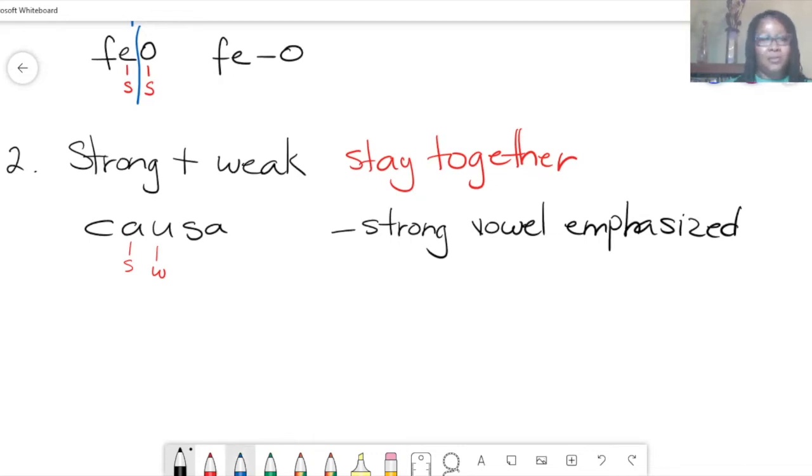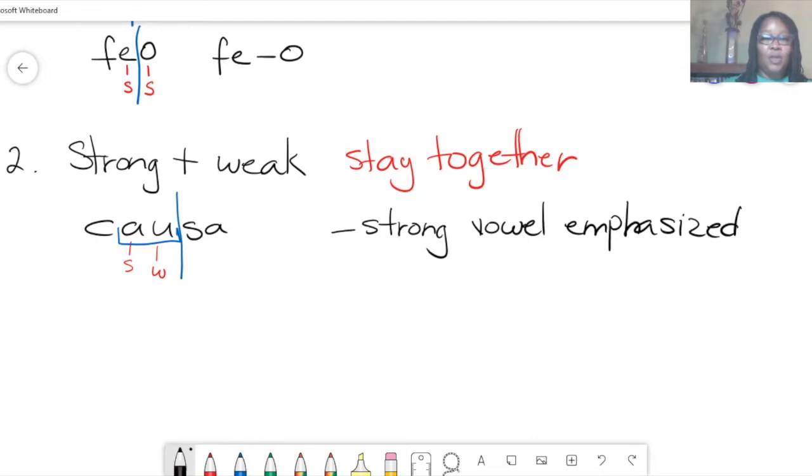So it stands to reason that if you cannot separate the strong vowel from the weak vowel, they have to stay together. Have to. So rather than putting the break here, as we would have done if they were two strong vowels, the break goes there.